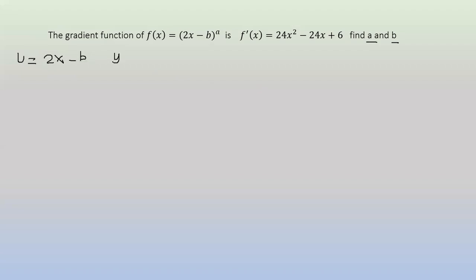It means y equals u to the power a. So dy/du equals a times u to the power a minus 1, while du/dx equals 2, because b is constant.